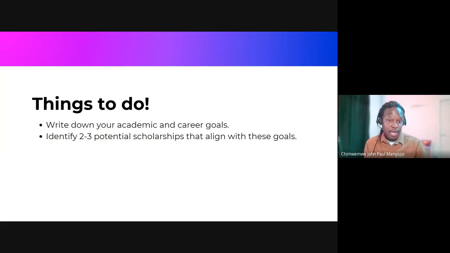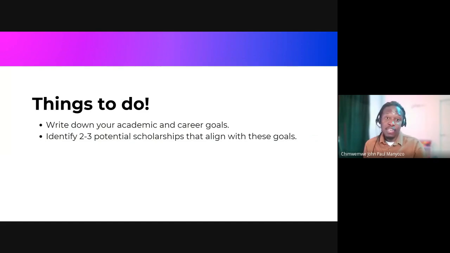And if I were you, I would even split it, where I have a section where I just write about academic goals, and then a section where I write about career goals. An academic goal can be a simple thing like, I want to get a distinction next semester.